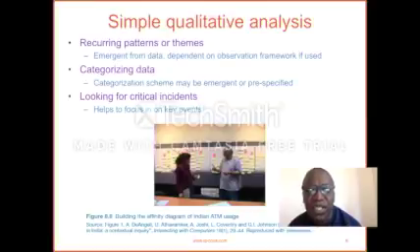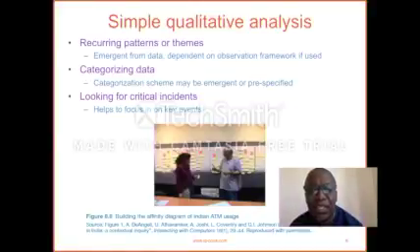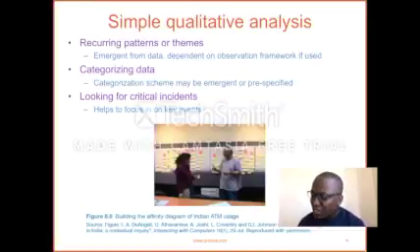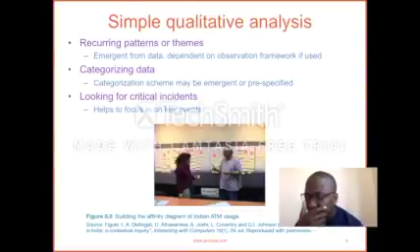One of the other things also is you want to identify categories within the data that you have collected. Okay, you're looking for critical incidents so that you can focus on key events and be able to make some kinds of inferences about the data that you have.